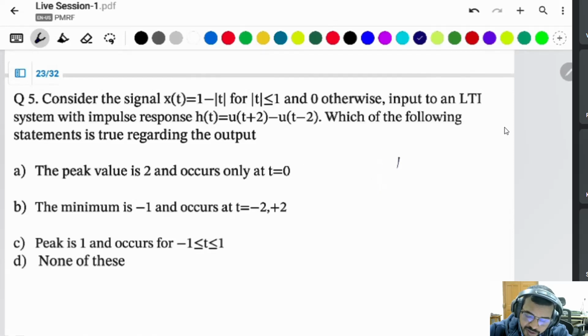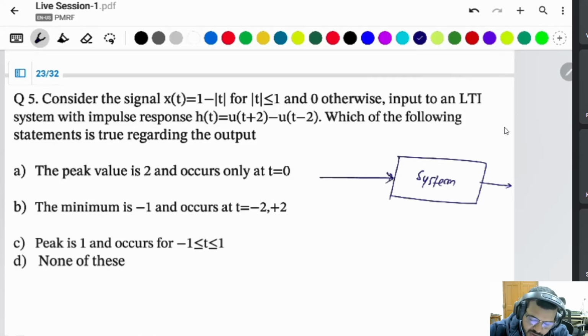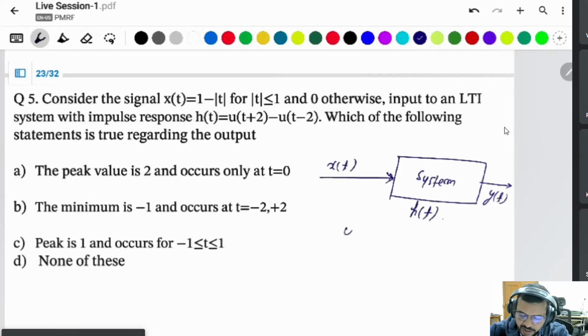This is a given system, an LTI system. Input is given as x(t), and the output is y(t). The system has an impulse response s(t). And what is y(t)?